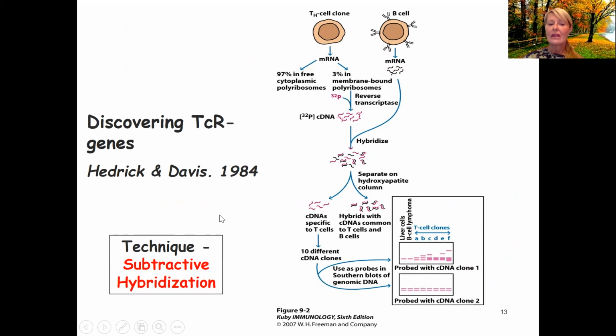Again, these researchers took two different kinds of cells to start. They took a T helper cell clone and they took a B cell clone, knowing that these cells are related, they're similar, they're both lymphocytes, so they should have some genes in common.